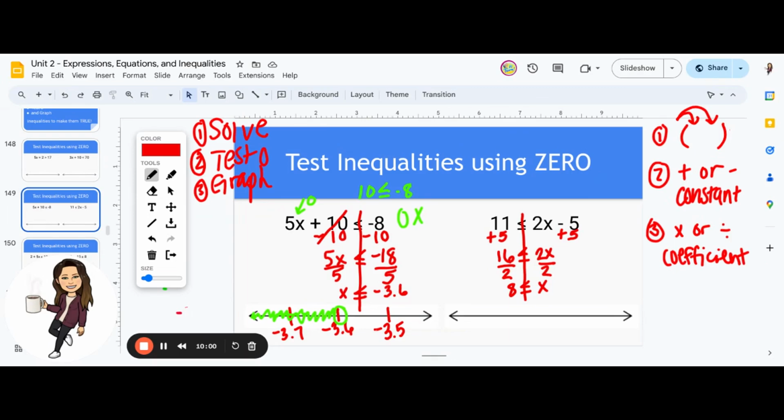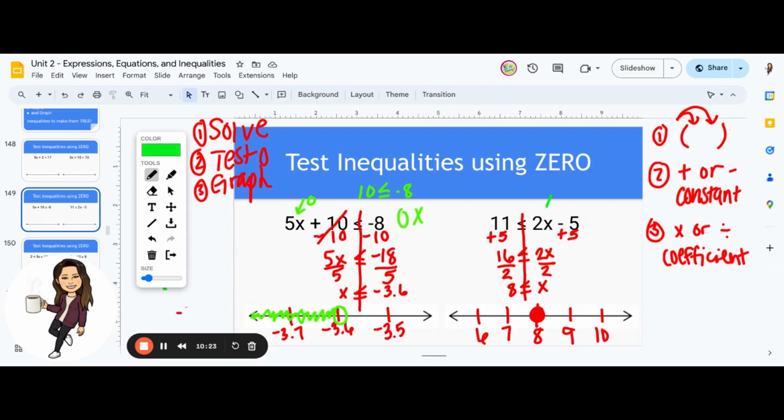All right, so once you have solved it, you know that the 8 is the number that you're looking for. And that's going to be the number that has your circle. It does have the line, so we're going to fill in our circle at 8. And then we need to test 0.